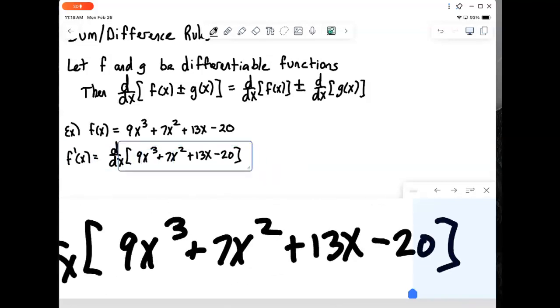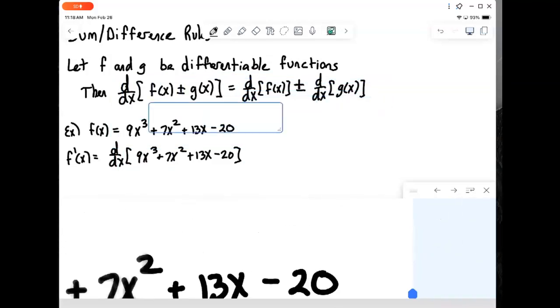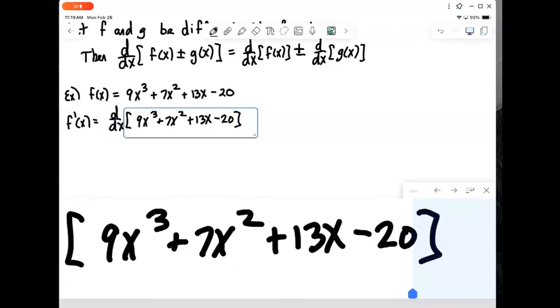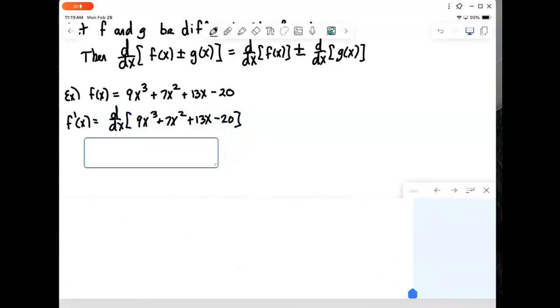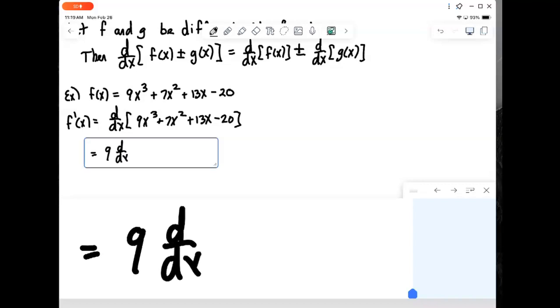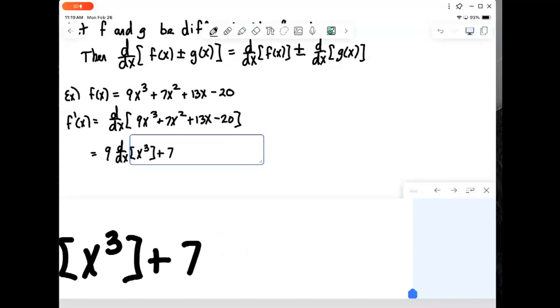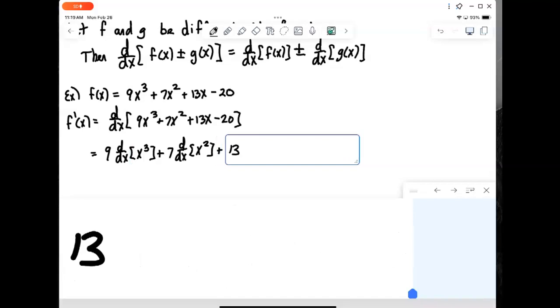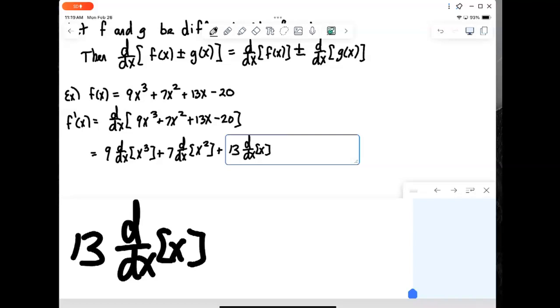Then the derivative, our rule up above, says it distributes across addition and subtraction. And our constant multiple rule said, hey, we can pull those constants out of the derivative. So we could rewrite this as 9 times the derivative of x cubed plus 7 times the derivative of x squared plus 13 times the derivative of x minus the derivative of 20.